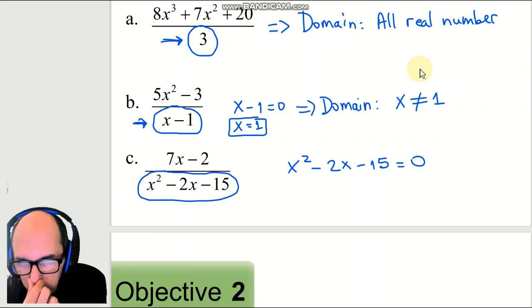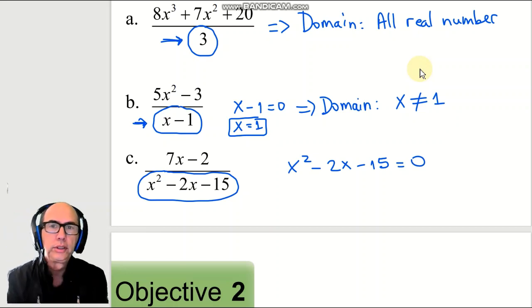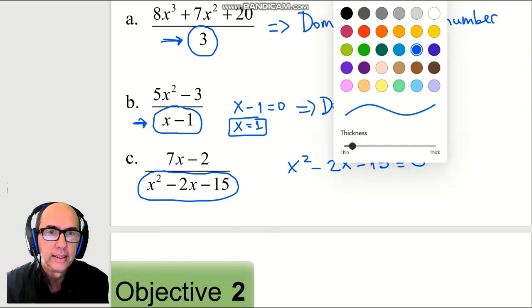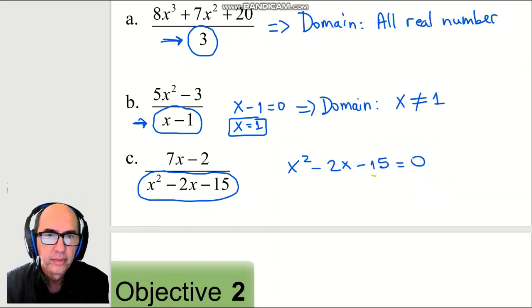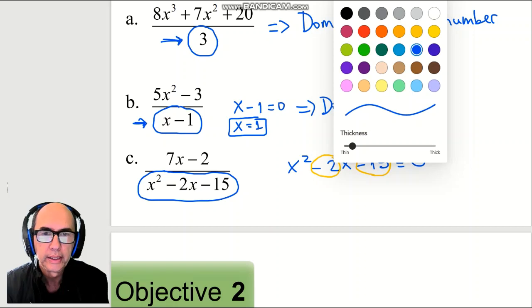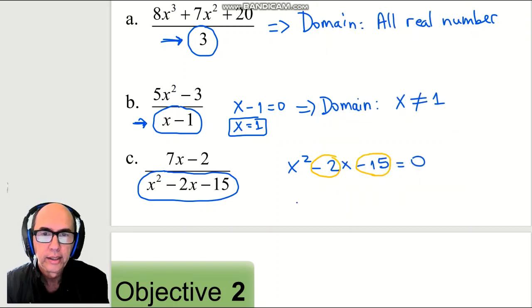Let's find those two numbers. In the last section, we talked about the guessing method, where you guess two values that multiplied equal negative 15, and if you add these two values, you have negative 2. So think about two numbers that multiplied equal 15, and we can think about 1 times 15.